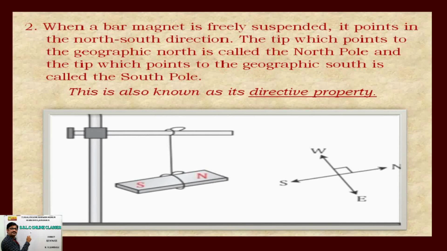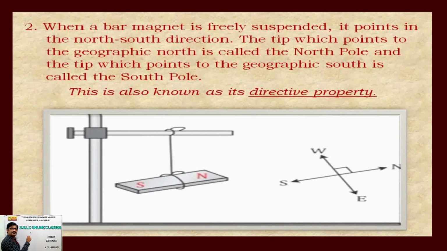Whenever you suspend the bar magnet freely, it points in the north and south direction. The tip which points towards the geographic north is called the north pole of the magnet, and the tip which points to the geographic south is the south pole of the magnet.